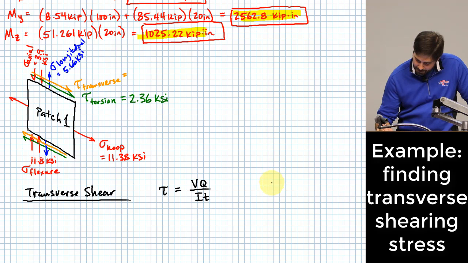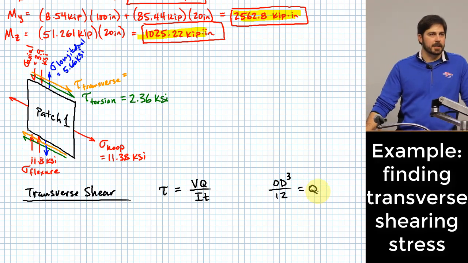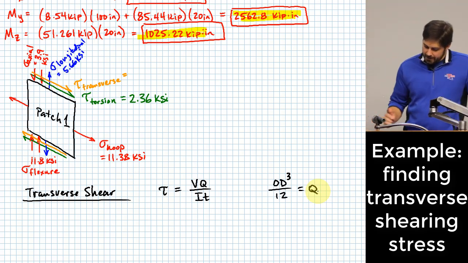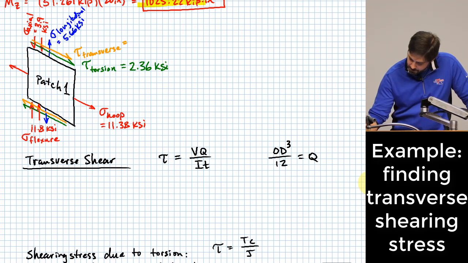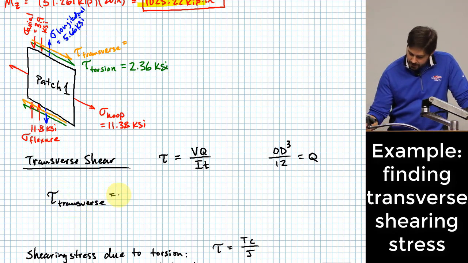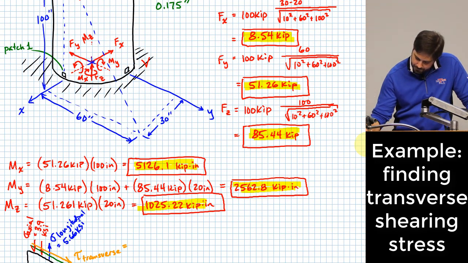Okay, yeah, outer diameter cubed over 12 is that first moment of area that we calculate with Q. Okay, so let's start putting these in here. Our transverse shear is going to be equal to Fy, which is 51.26 kips.